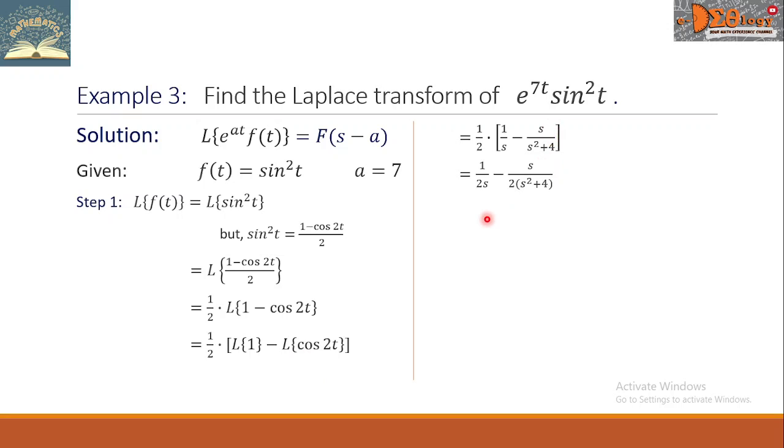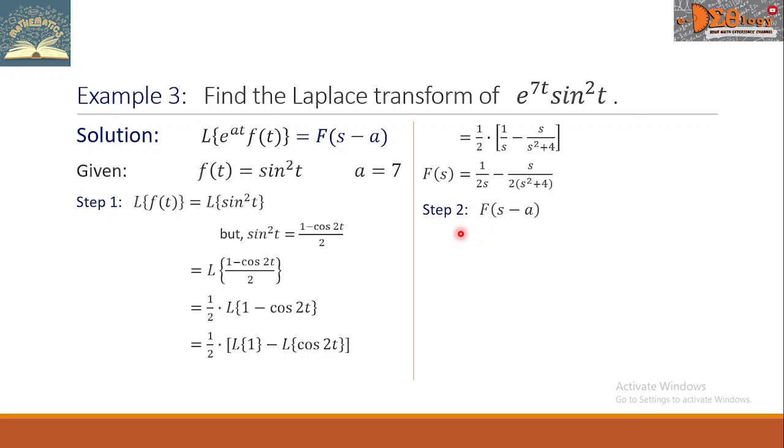And then we multiply this 1/2 to all the terms inside the grouping symbol. So we have 1 over 2s minus s all over 2 times the quantity s squared plus 4. This is now our function capital F of s.